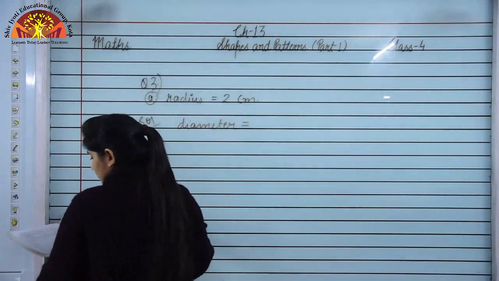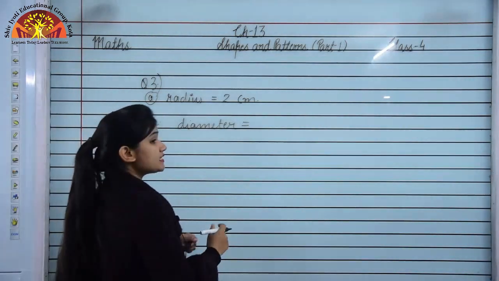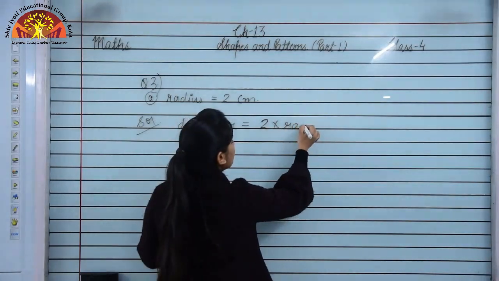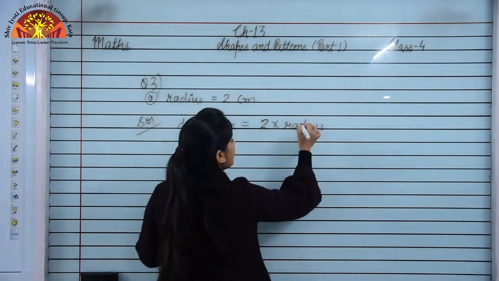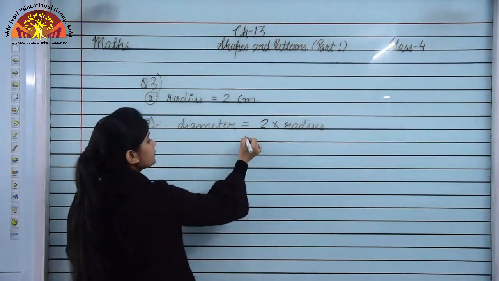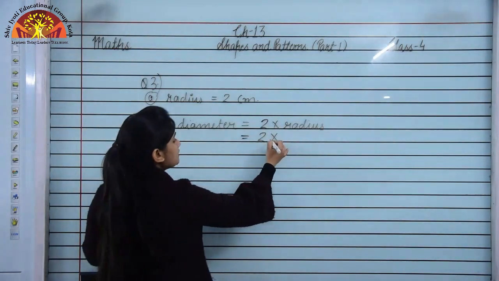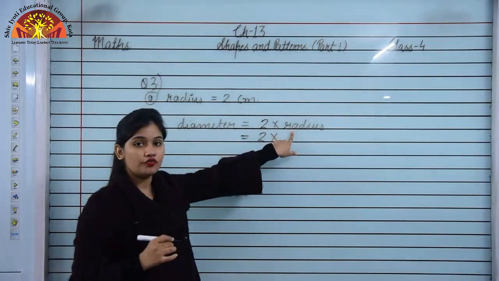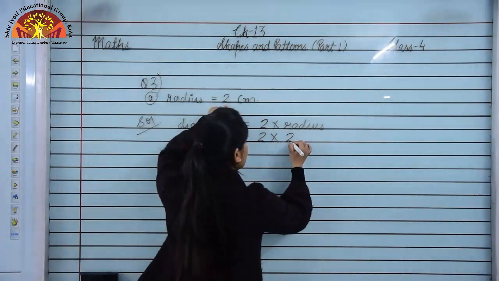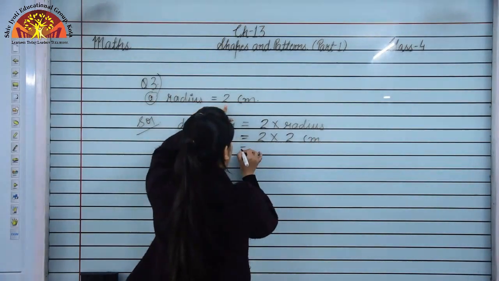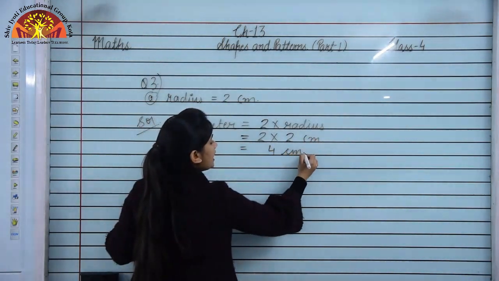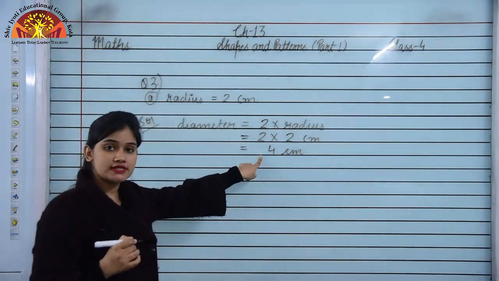So as we know, if we are finding the diameter of the circle, we have to do 2 multiplied by radius, because the diameter of a circle will be twice the radius, okay. So 2 multiplied by, now what is the value of radius? We can see 2 centimeter. So we'll write 2 centimeter here and 2 2's are 4, then diameter will be 4 centimeter.